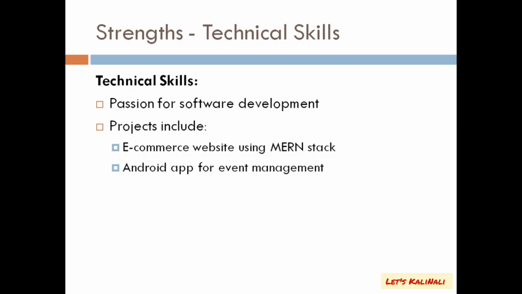And with that they also need to mention their projects, for example, an e-commerce website using the MERN stack, or an Android app for event management. And further, a technical student needs to mention their technical skills.